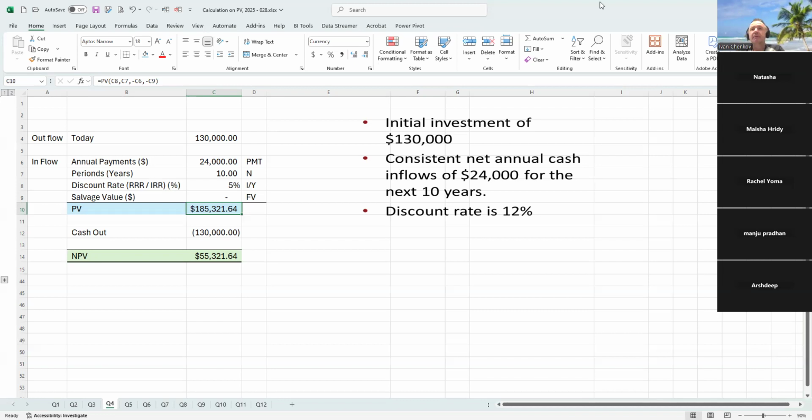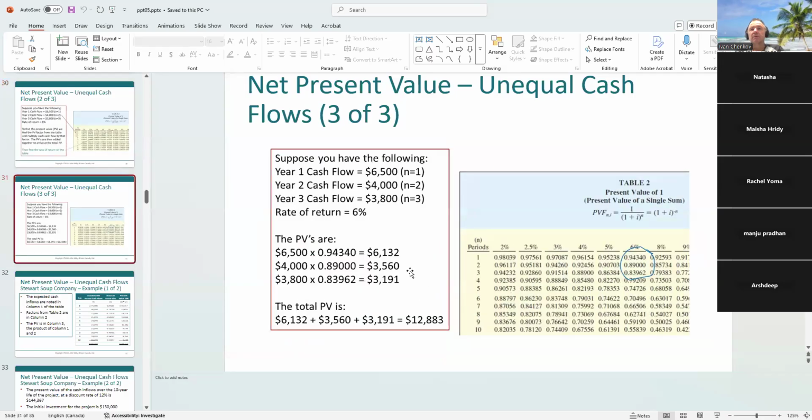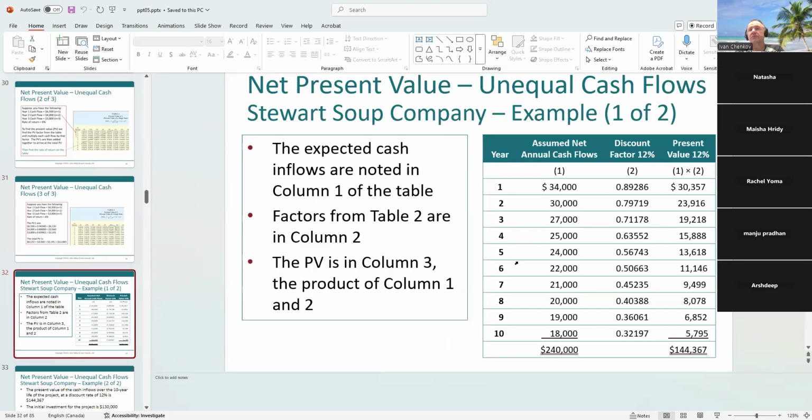Okay, let's go back to the slides. So they're using these fractions and calculating. Let's do this question now. This question is related to our original question, where the initial investment was $130,000. Now, over the 10 years, we're not getting $24,000.